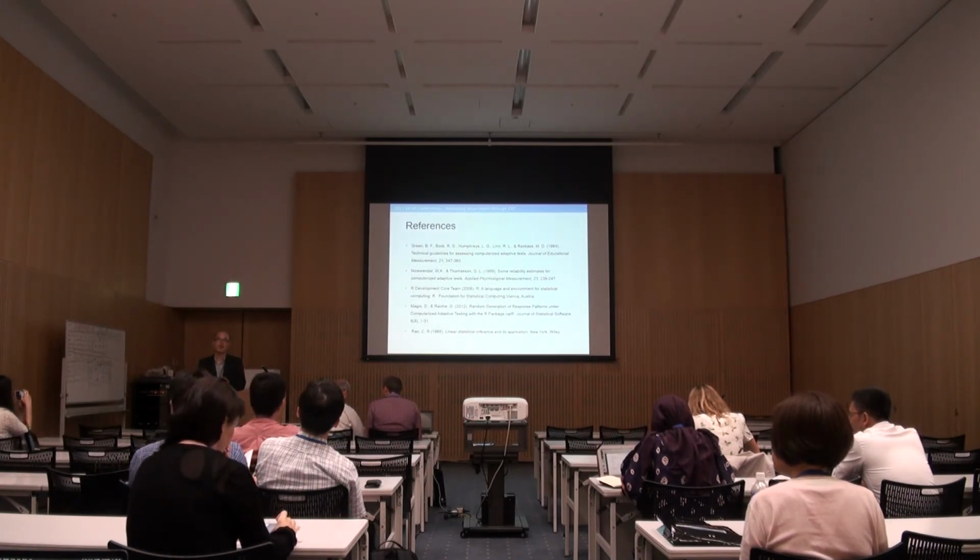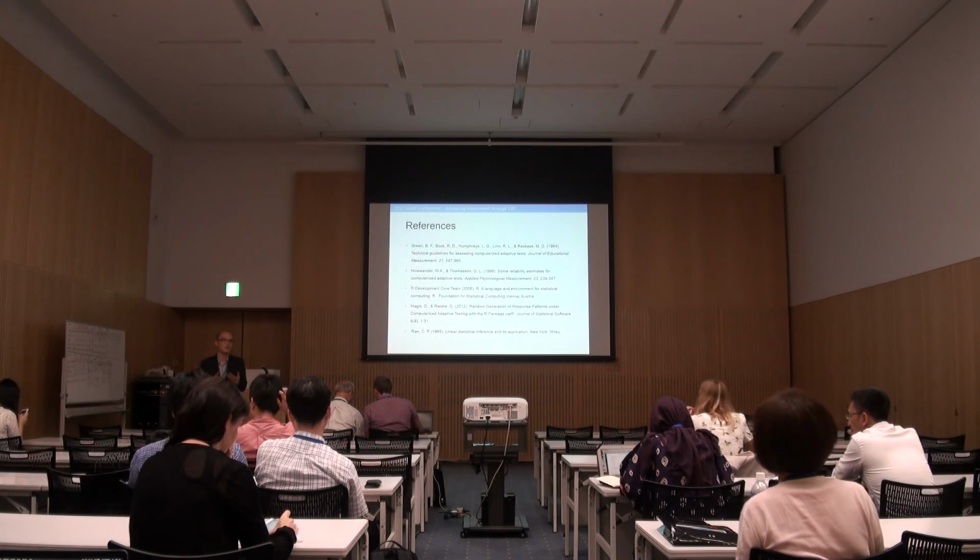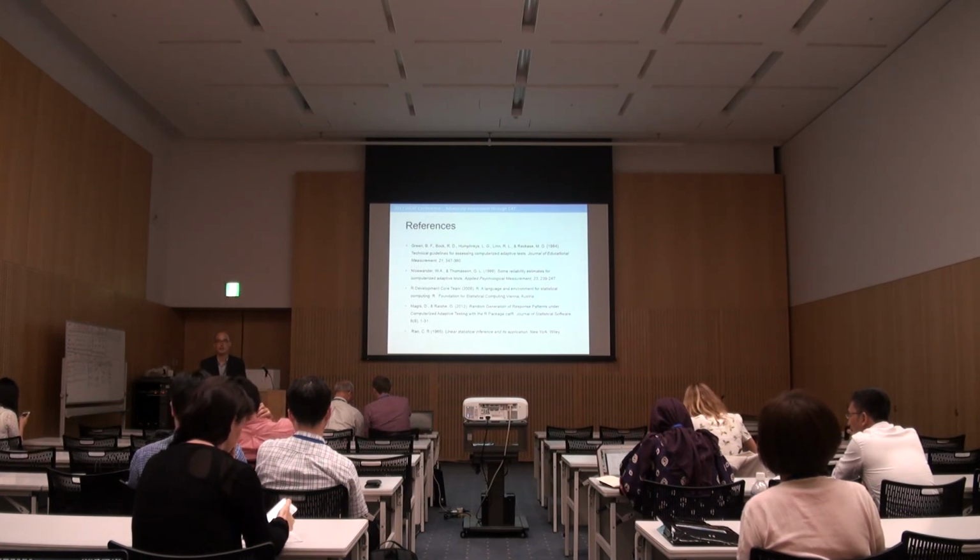But if you use more than 50, 60, 80 items, the three methods provide almost exactly the same estimate. So you cannot say which one is better, but if you use a very small number of items, I recommend Jensen's inequality.